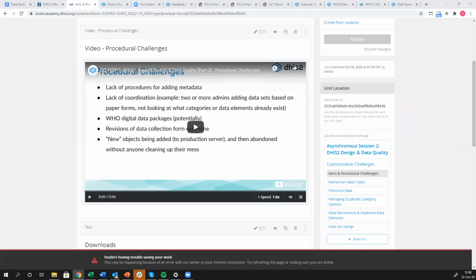So if the RMNCH program is capturing the same data as the PMTCT program, you can compare them against one another, and it can also be a data quality check. I certainly agree with that. That is certainly a prerogative. I think the general rule of thumb, though, is to try to minimize the data capture as much as possible, just thinking about the reporting burden being such a critical consideration at the facility level.